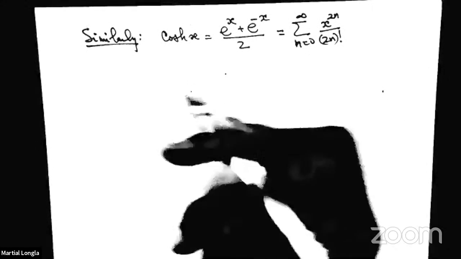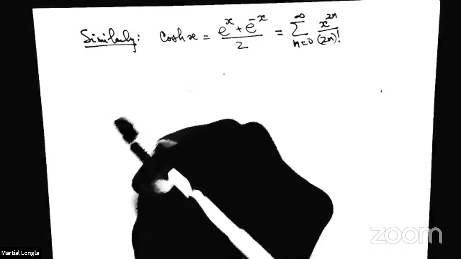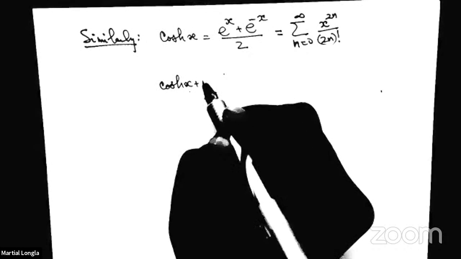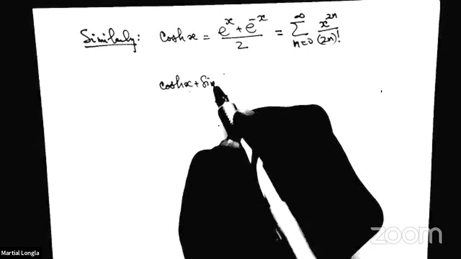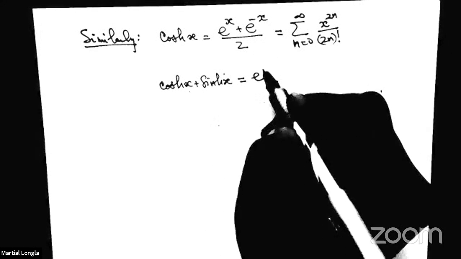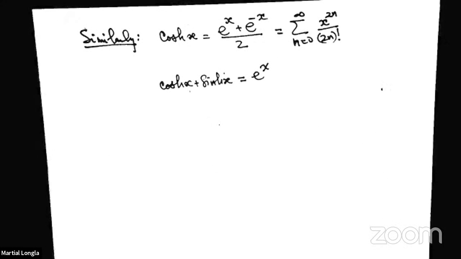And then you can also see that cosine hyperbolic of x plus sine hyperbolic of x is nothing but e to the x. You can check that as well.